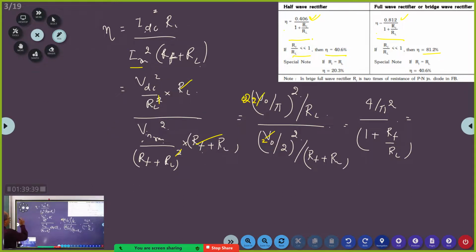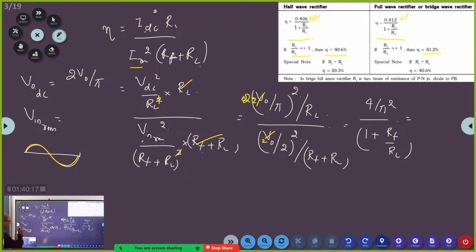For full wave, V output DC will be 2 V naught by pi. Now here the input voltage is like this, and the diode will conduct for this portion also and for this portion also, for a full wave rectifier.